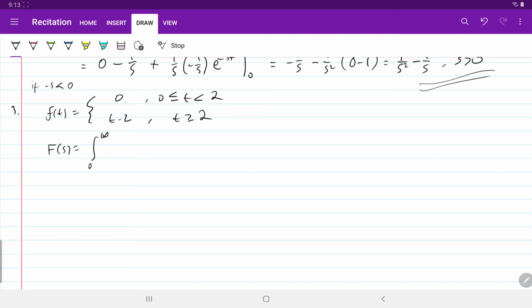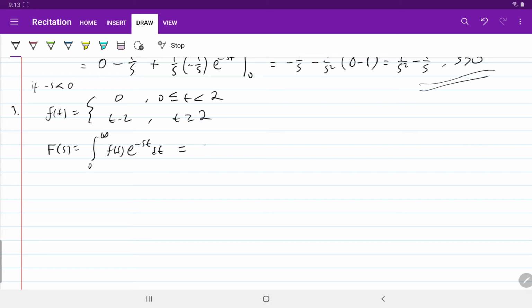Okay, let's just apply the Laplace transform: the integral from 0 to infinity of f of t e to the power minus st dt. It's 0 when t is between 0 and 2, and t minus 2 when t is greater than 2.